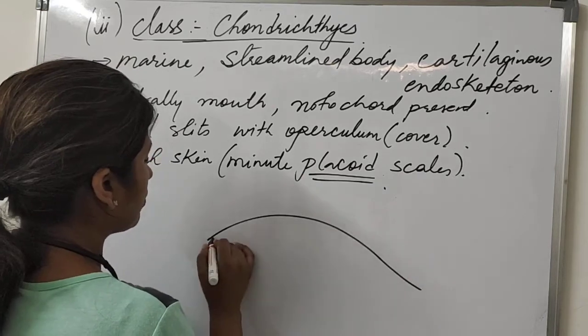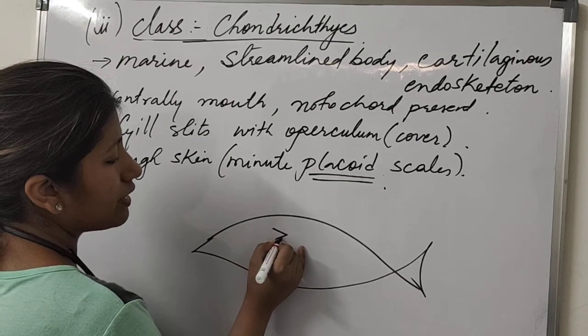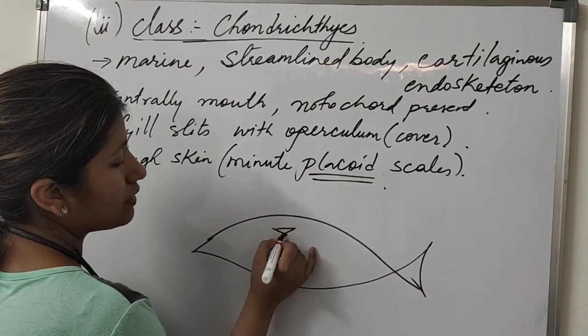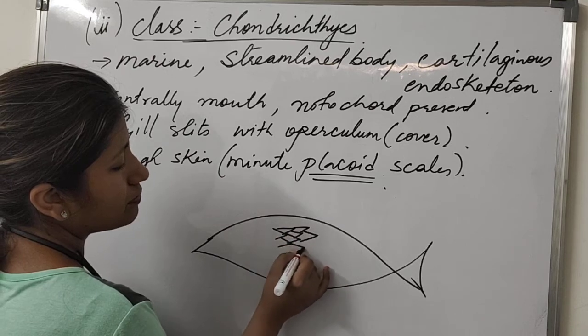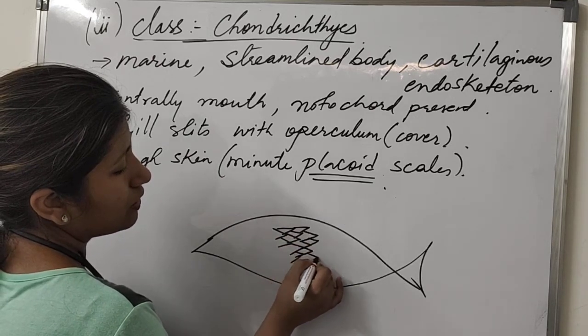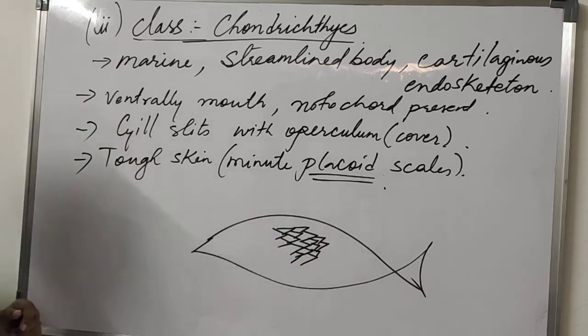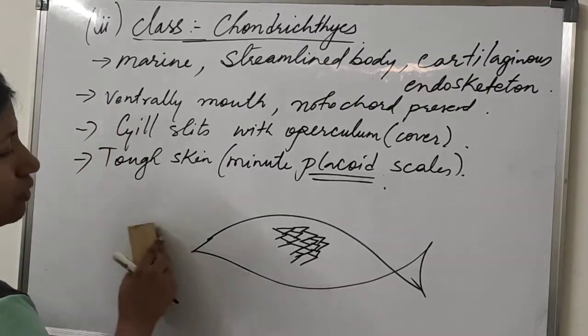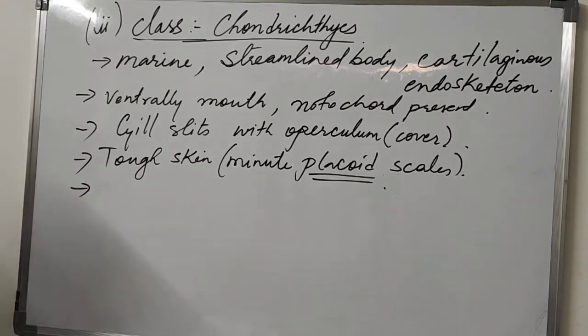If this is a chondrichthyes fish, their scales will be somewhat pointy like this. Very tough. Each and every scale is stacked in that manner, so the scale is very tough. This is how the placoid scale will look on the body. That's why it has a tough skin.